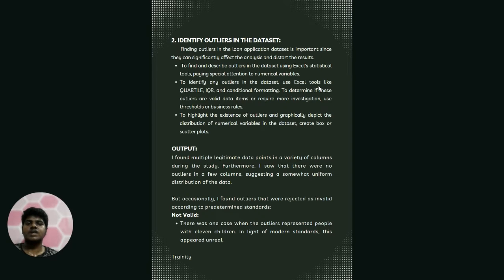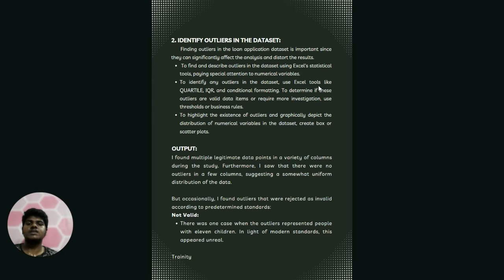Next, moving to the next task, which is to identify outliers in the dataset. It is crucial to identify the outliers in the loan application dataset because they have the potential to seriously skew the analysis and produce false findings. Utilizing Excel statistical capabilities, identify and characterize dataset outliers with a focus on numerical values.